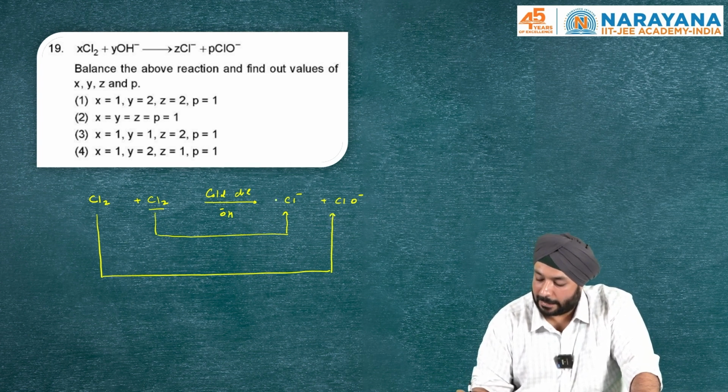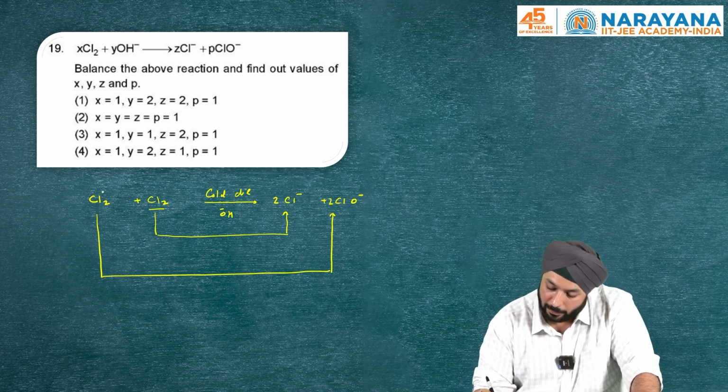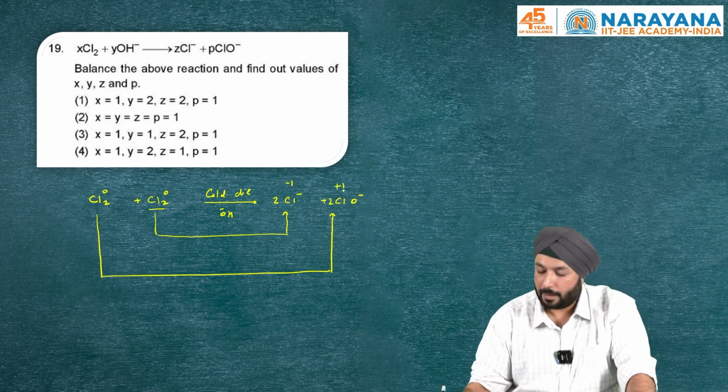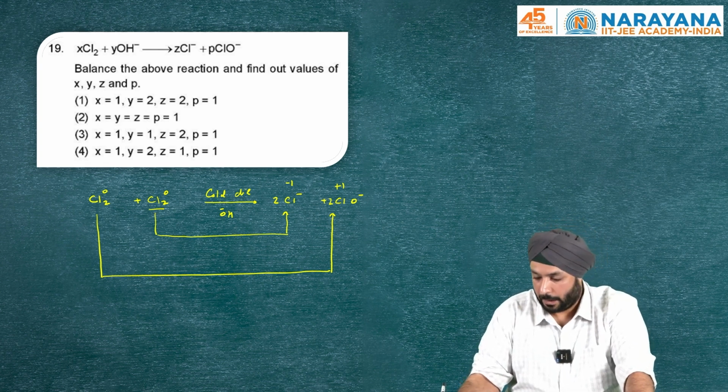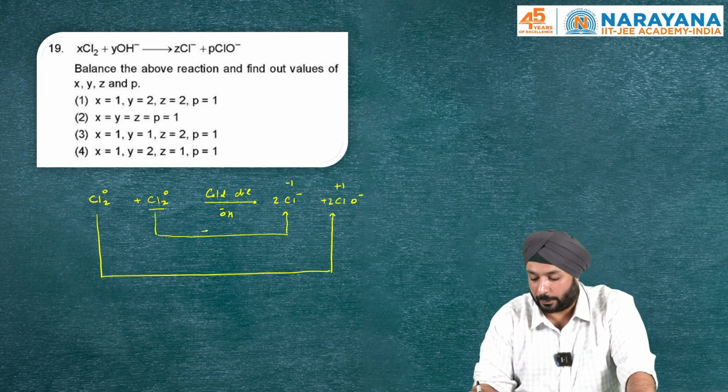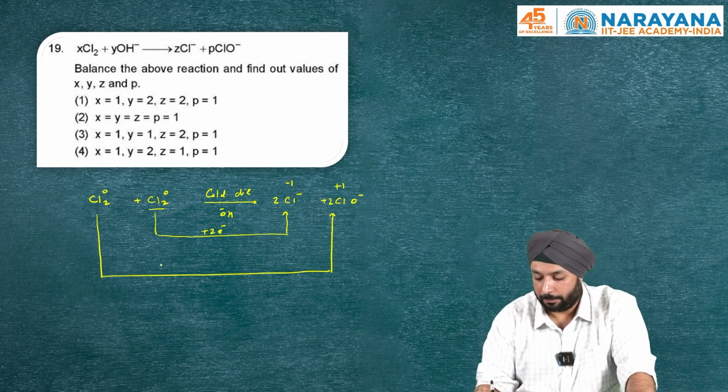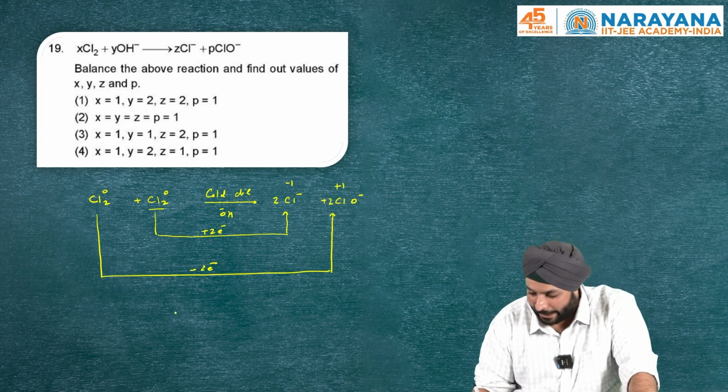First, balance the atom which is undergoing reduction and oxidation. Write the oxidation numbers 0, 0, minus 1, plus 1. Balance the electrons. Calculate the number of electrons lost or gained. 0 to minus 1, it is gaining 1 electron per mole and is losing 1 electron per mole. So directly add the reactions.